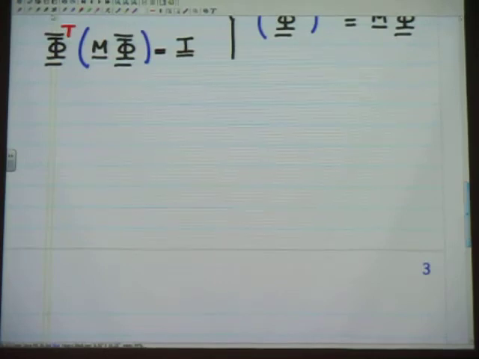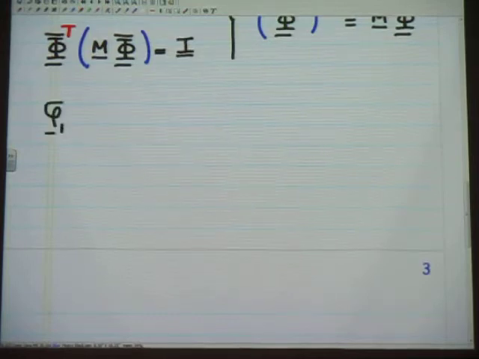Because the question asks you to verify whether Phi1 bar is orthogonal to Phi2 bar.